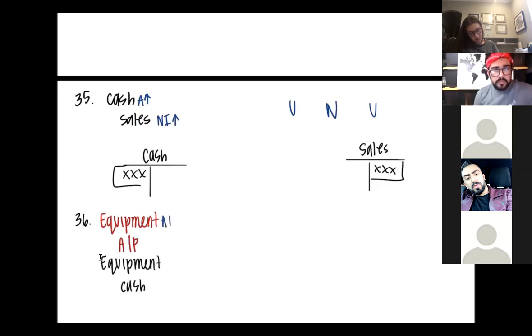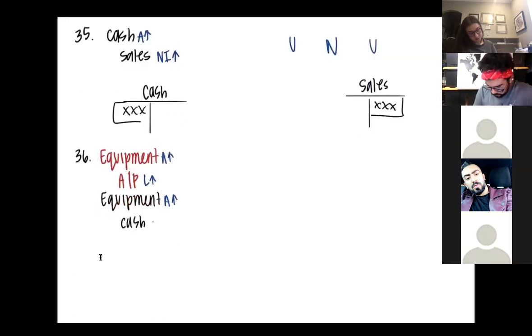And then it's an asset, and accounts payable, the liability was also increased. Okay. And then cash decreases as an asset.